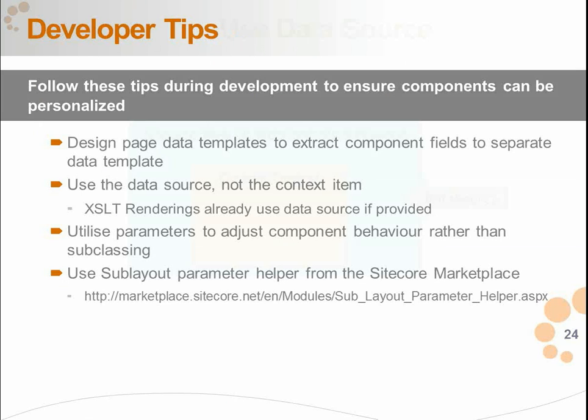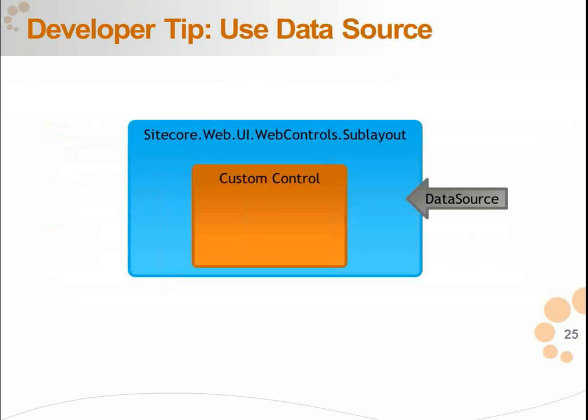Okay, let's just understand a bit about the data source. So I mentioned, best practice, don't use the context item, use the data source. So from a development perspective, when I have my custom component, my custom control, that's an ASCX file, it's a web user control. When I place that dynamically on the page, I'm not actually placing my control directly. I'm placing a Sitecore sublayout. Sublayout is a control.